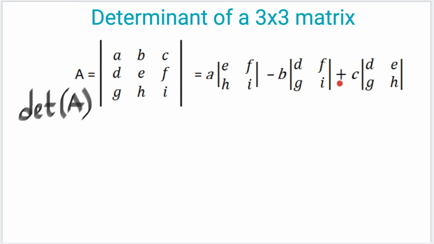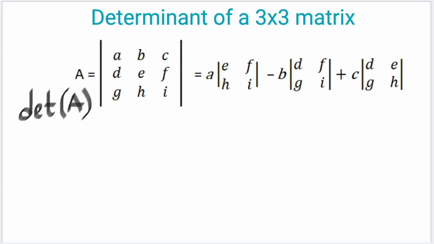And then plus, we take C, which is the top rightmost value, times a smaller matrix, D E G H, and then we're going to add it to that product there. So we're going to find each determinant and multiply by its coefficient. So A, negative B, and C are like coefficients.